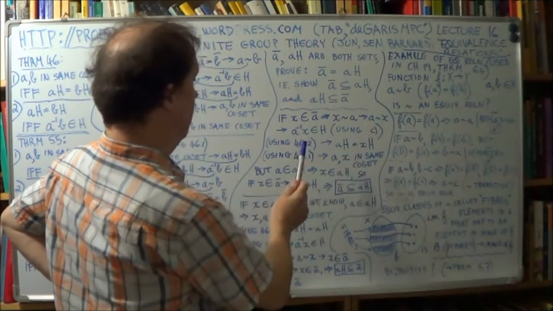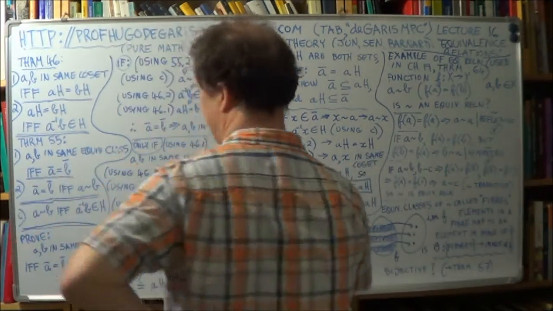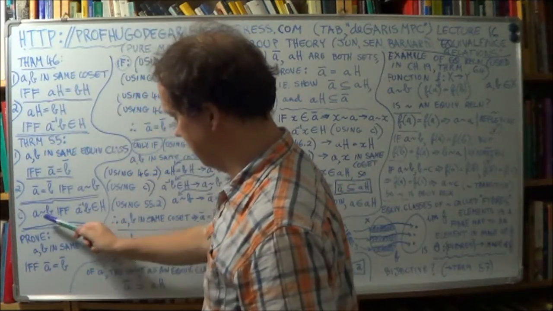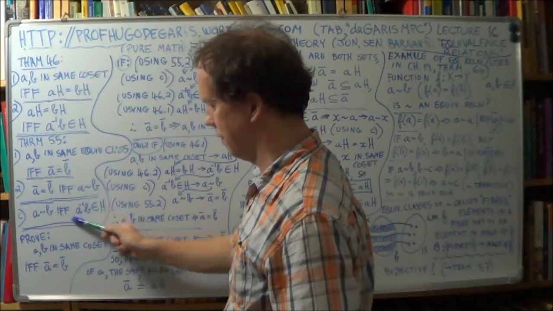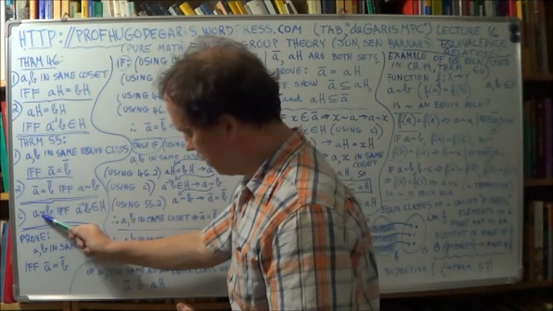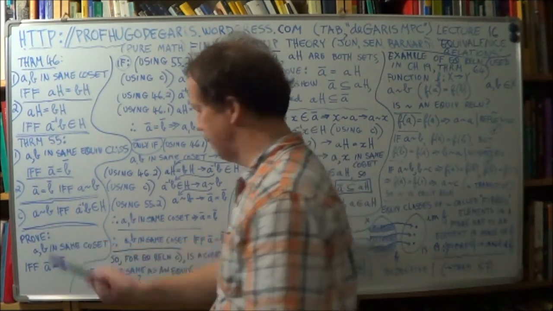Right? So here we're using the second property of symmetry. Right? Now, if A is equivalent to X, if we use C here, now remember this is all in the context of the equivalence relation here being this. Right? That's given. It's all using that particular kind of congruence relation. This tilde here.